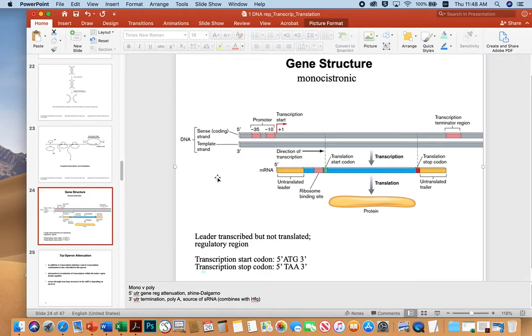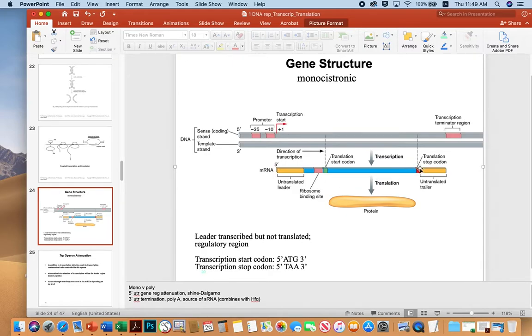The 5' is typically for gene regulation, which I'll talk about in a minute, specifically a mechanism called attenuation. It also is the home for the ribosome binding site. All of this is untranslated, because it is not a region of messenger RNA that gets translated into protein. So technically all of this is the untranslated region, but included in that is the ribosome binding site.